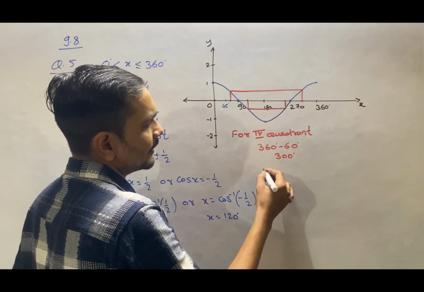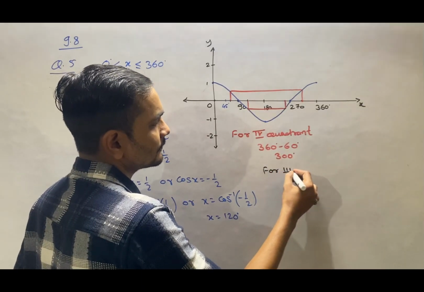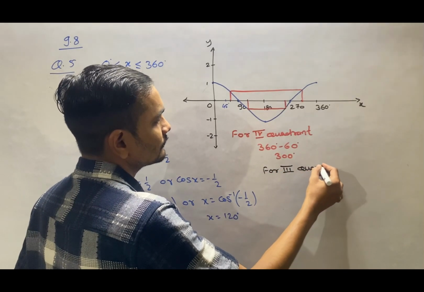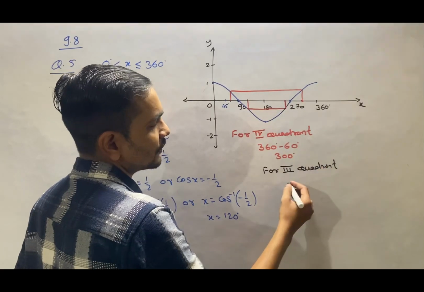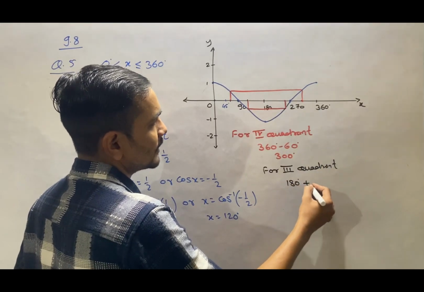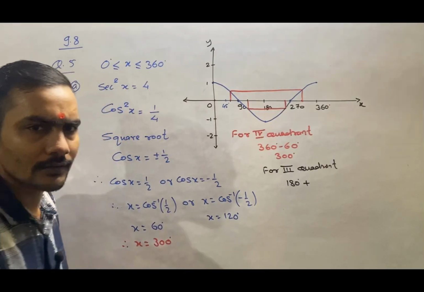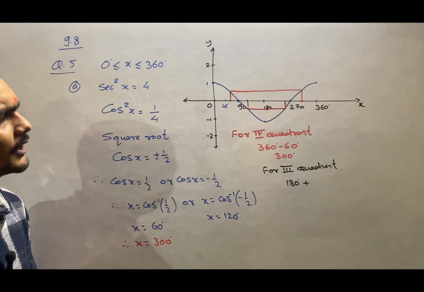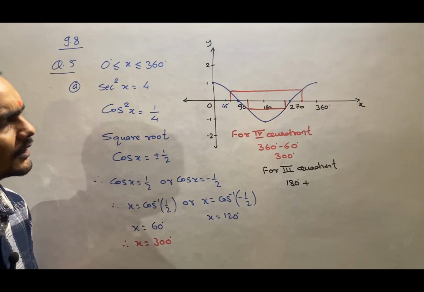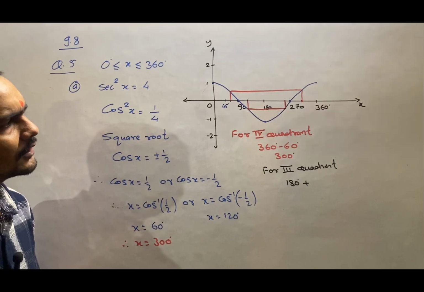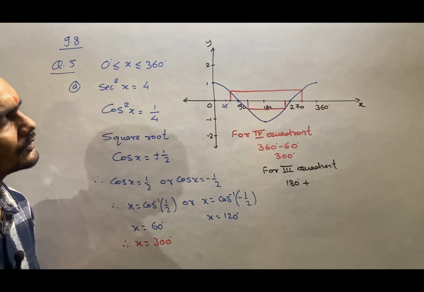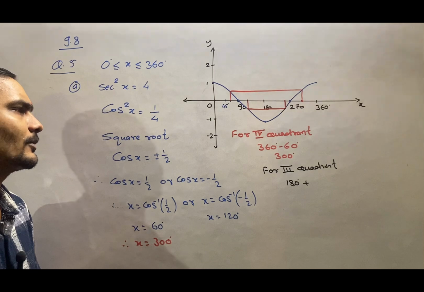So we can say this lies in the third quadrant. So for the third quadrant, what we will do? 180 plus 120, 300. But this is not possible.